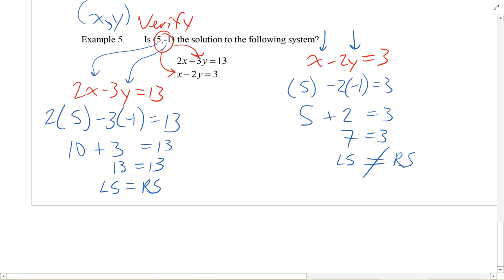There you go. So 7 equals 3. Is that a true statement? Yes. No, left side doesn't equal right side. So what does that mean? What does it mean? What can we say? We already said that, but what is that? What can we use that to? What does it prove or disprove?